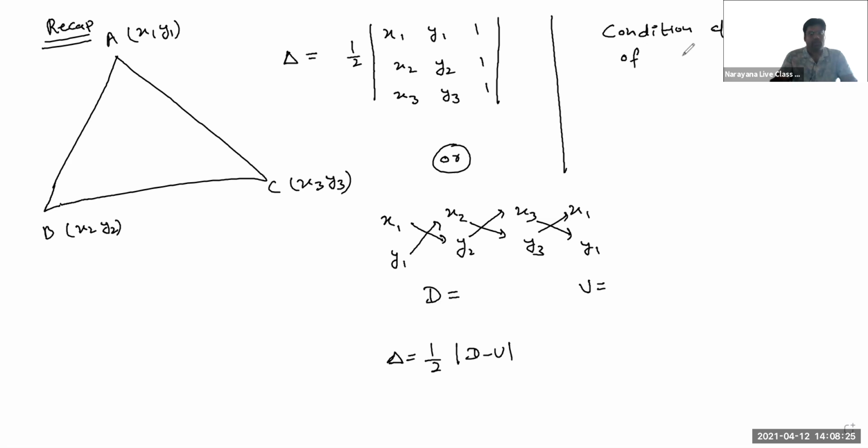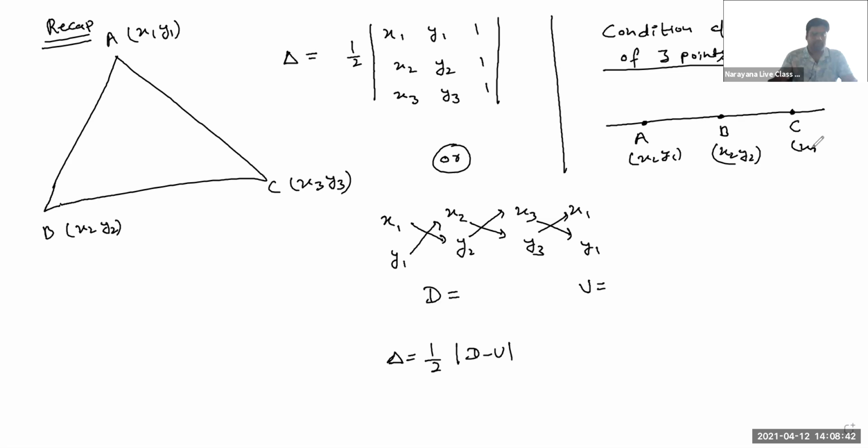If points A, B, and C with coordinates x1 y1, x2 y2, and x3 y3 are lying on the same line, then we can say that A, B, and C are collinear points.